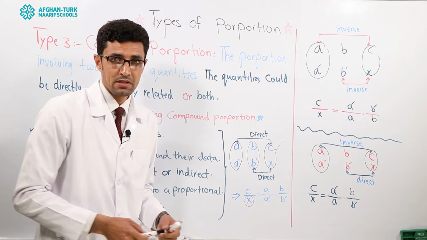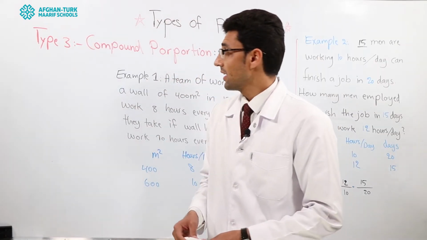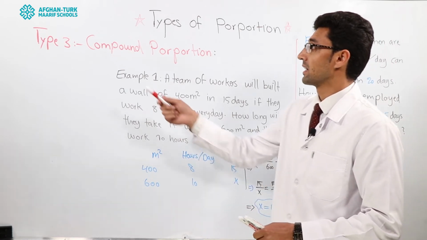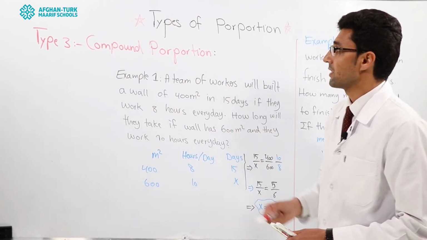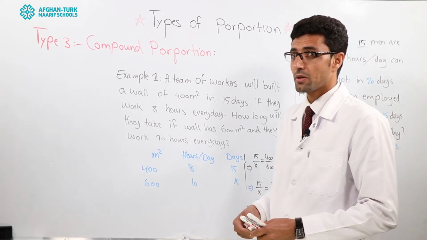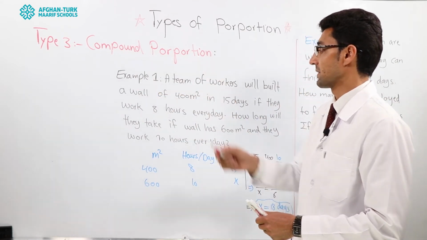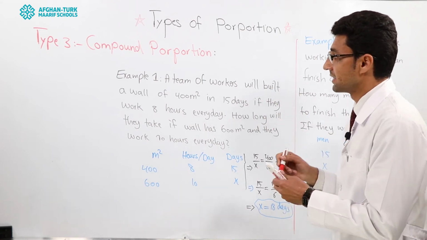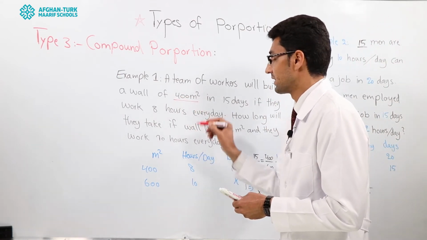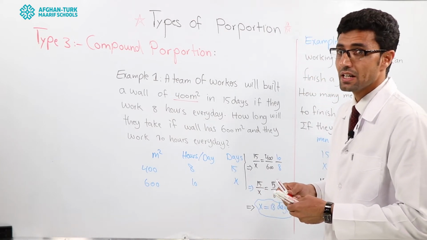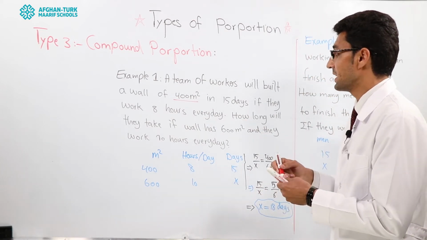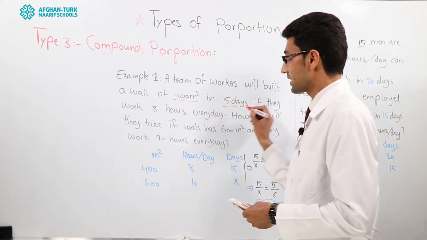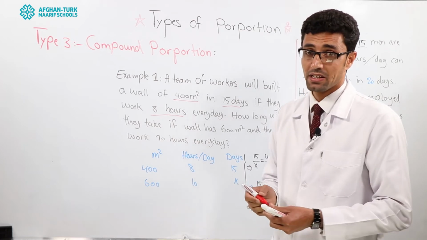Let's do some examples for you. Dear students, now we are going to do some examples in order to better understand the concepts of compound proportion and how to solve the problems related to it. Example 1. A team of workers will build a wall of 400 meters square in 15 days, working 8 hours per day.